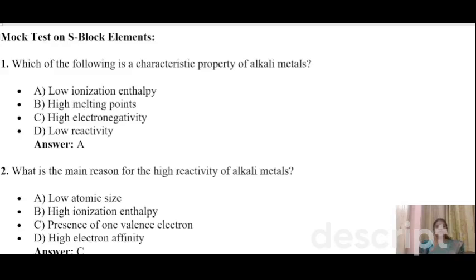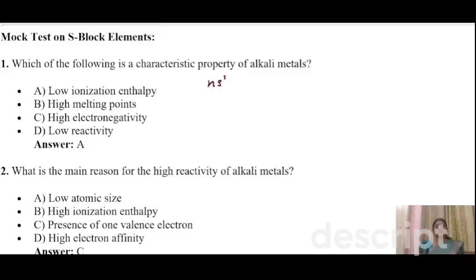Ionization enthalpy is the minimum energy required to remove one electron from the outermost shell of an isolated gaseous atom. Usually, the ionization enthalpy for alkali metals is very low because of their electronic configuration, ns1. This ns1 is the outermost configuration of all alkali metals.